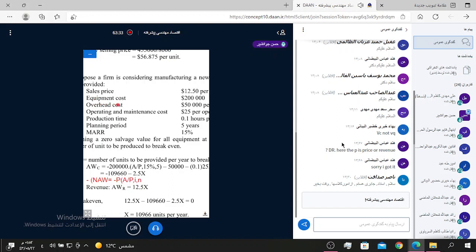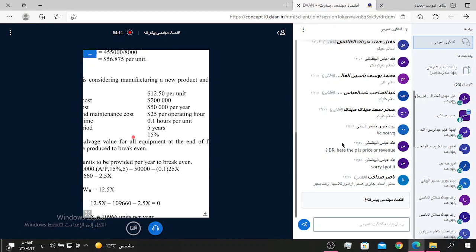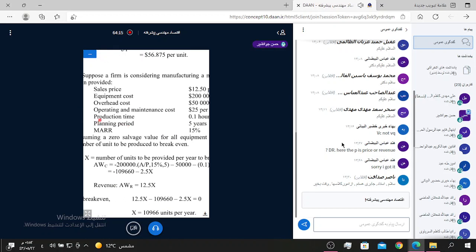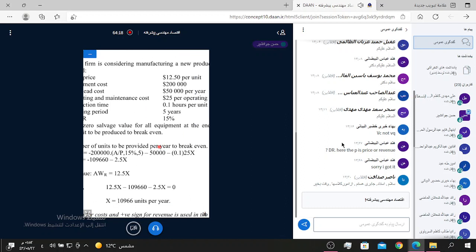Minus overhead cost per year. Minus the operating cost, 10% hours, or per unit, production time, and per operation, $25.